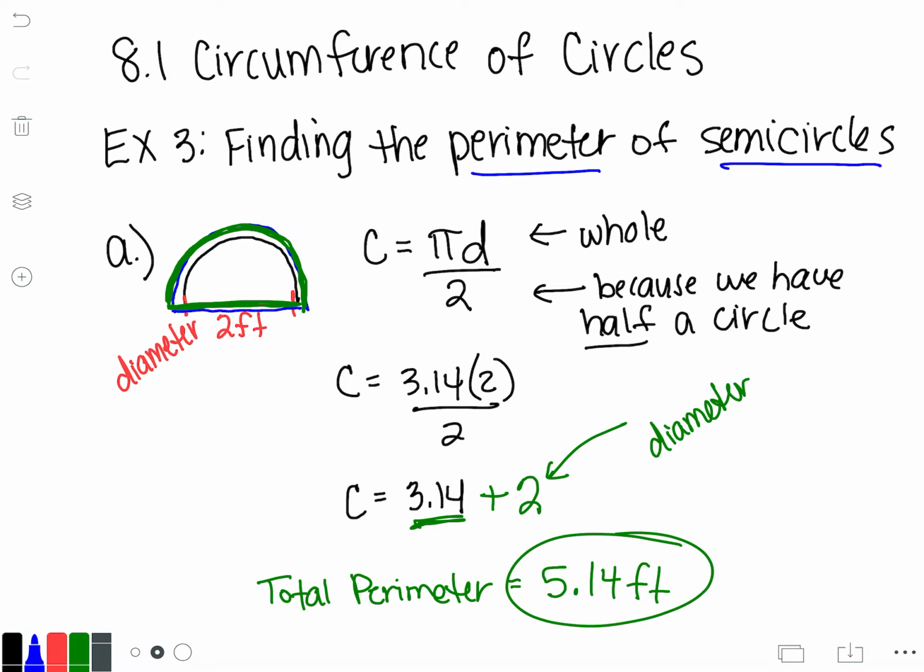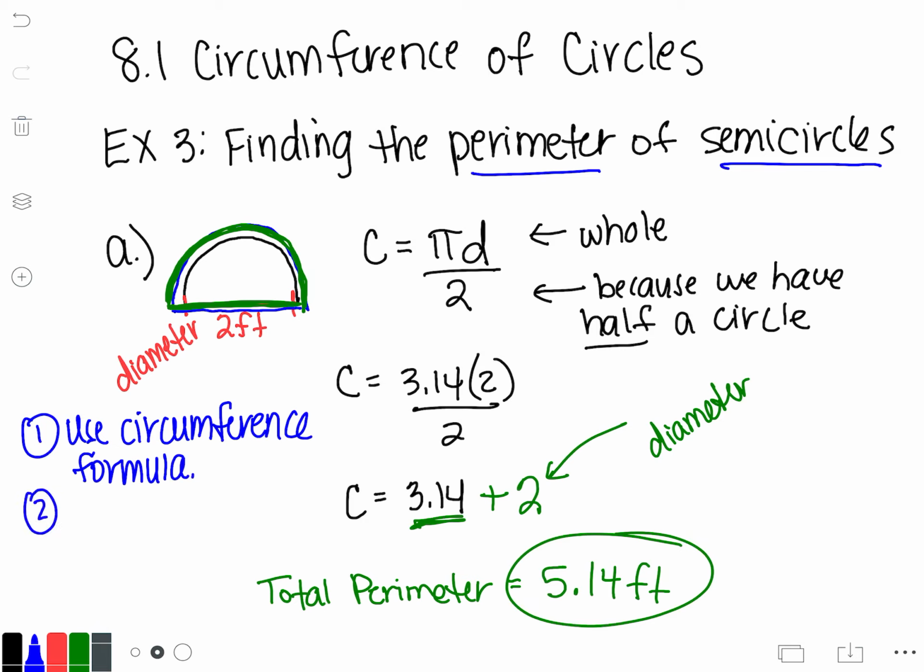So let me write the steps out here to the side for you. I think that's going to help you with this online learning as well if I start writing the steps. So step 1, use the circumference formula. Step 2 is to divide by 2, because this is a semicircle, it's half a circle.